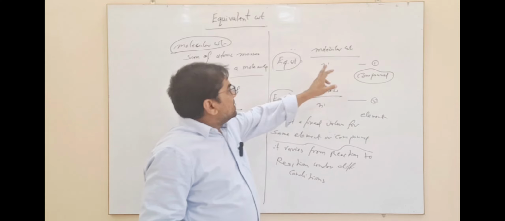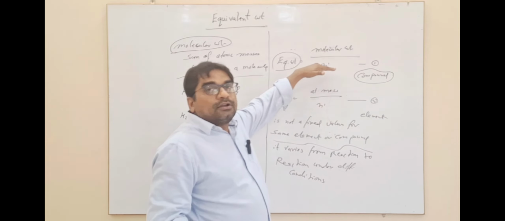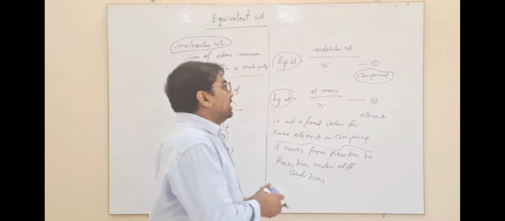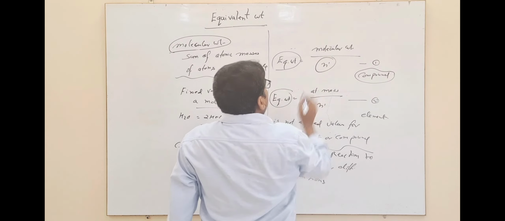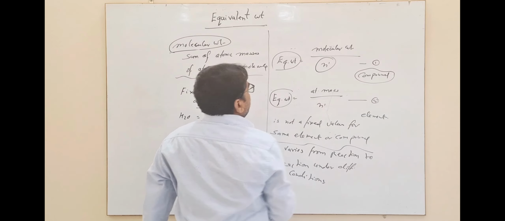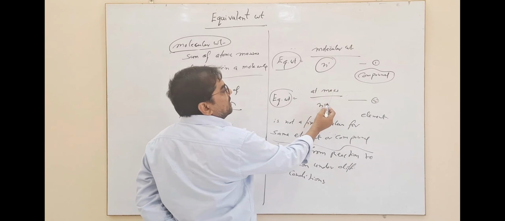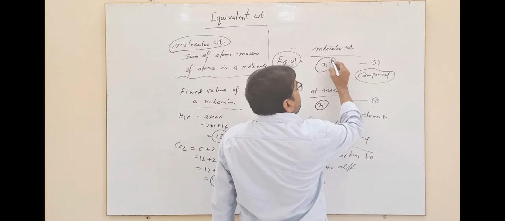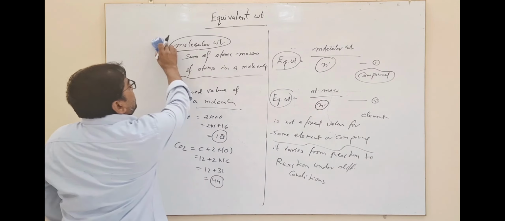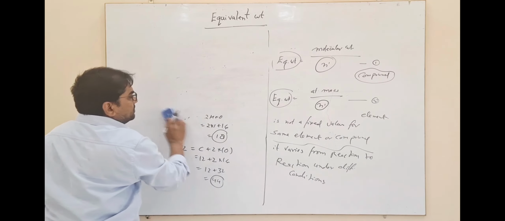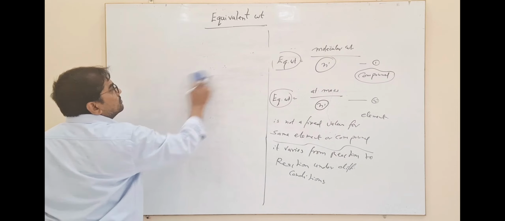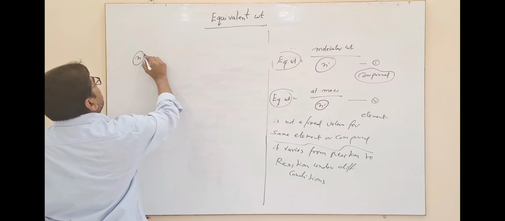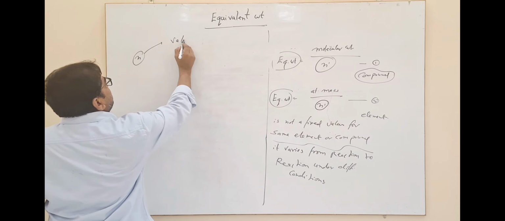What is N dash here for a compound or for a molecule? Equivalent weight will be its molecular weight divided by N dash. And for an element, equivalent weight will be atomic weight divided by N dash. N dash is different for different substances. N dash is the valency.